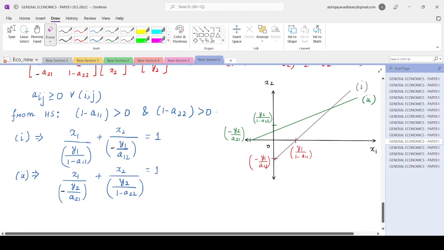So I'll just rub this out and place the coordinate ranking over here. This is where you will obtain your equilibrium, your x1 star and x2 star.